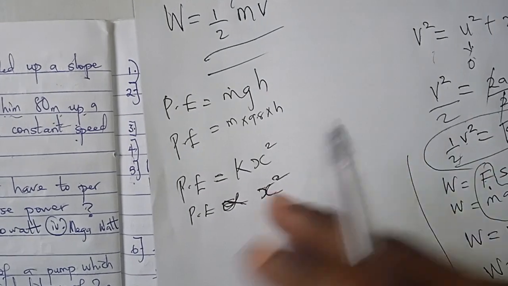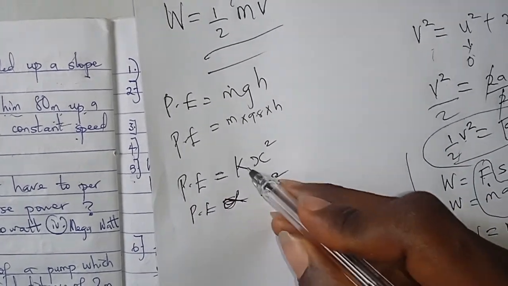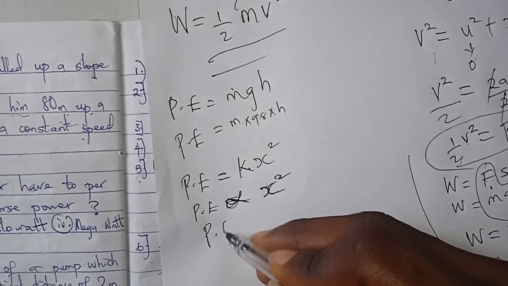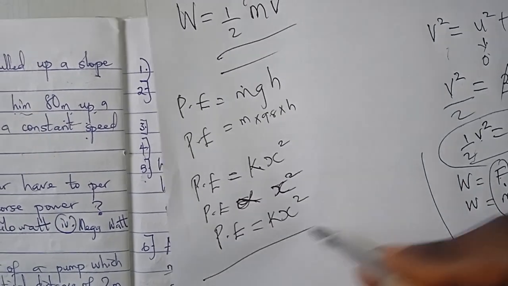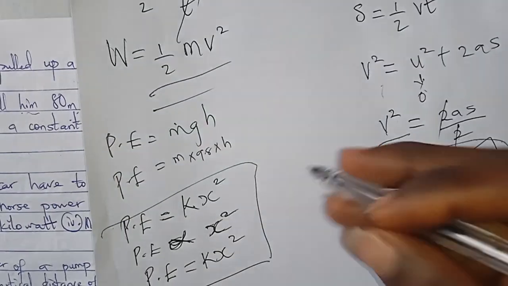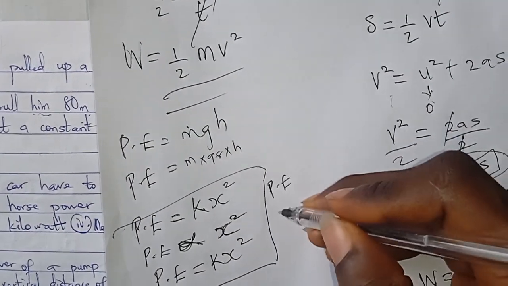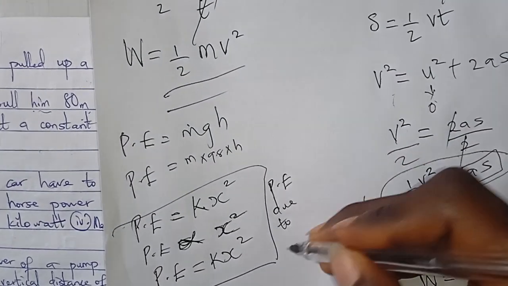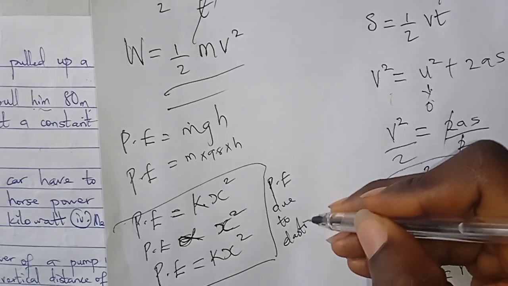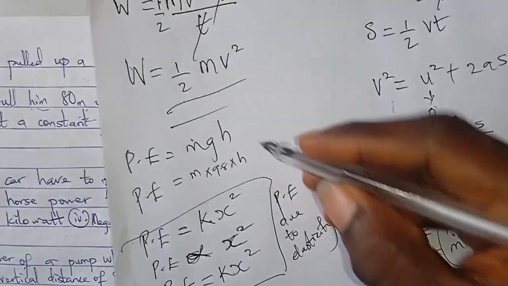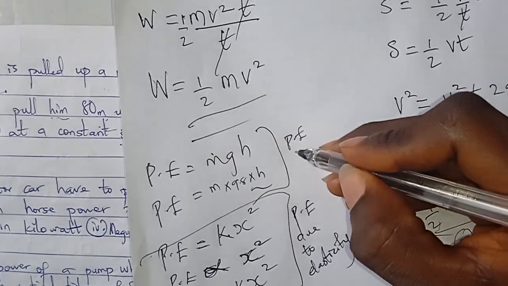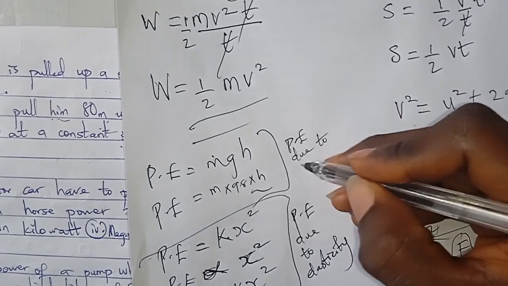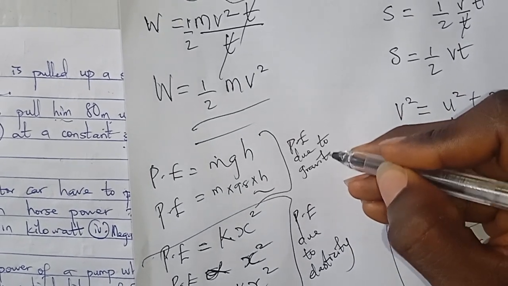So its tendency when you stretch, especially a spring. So this k is a constant, the proportionality constant, because it equals kx square. So PE, potential energy due to elasticity. PE, this one is PE due to gravitation.